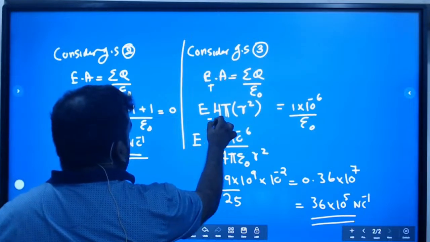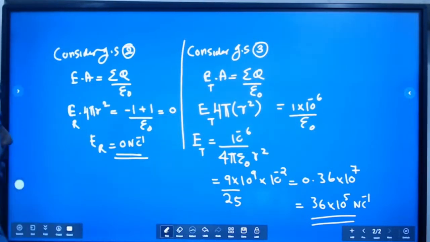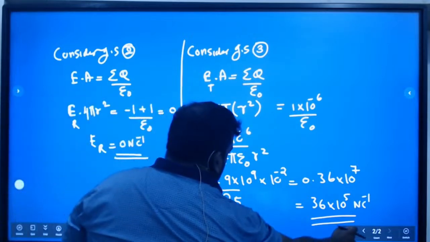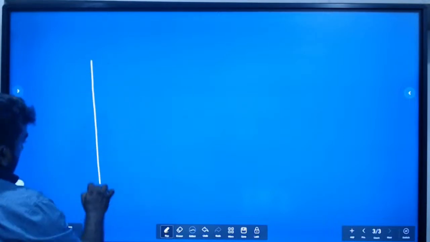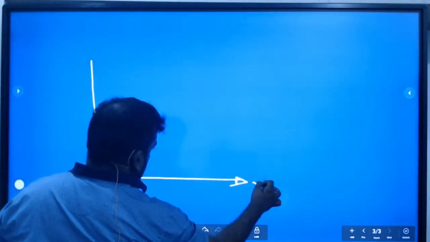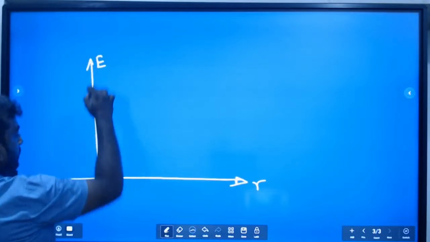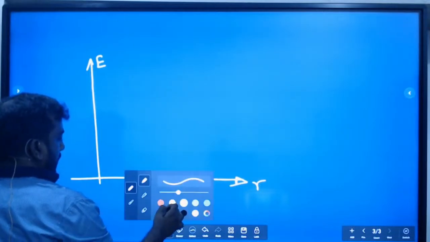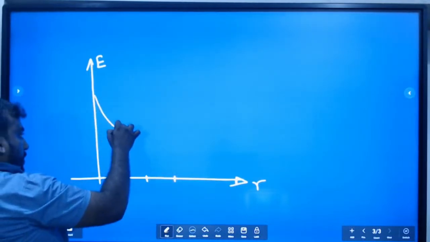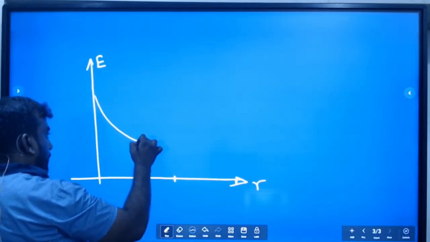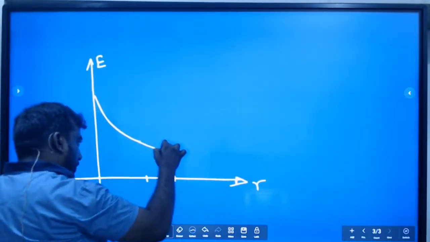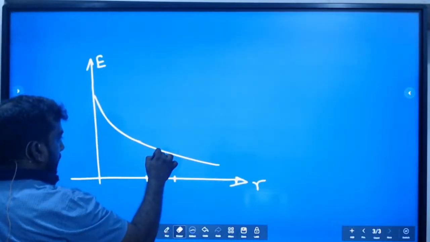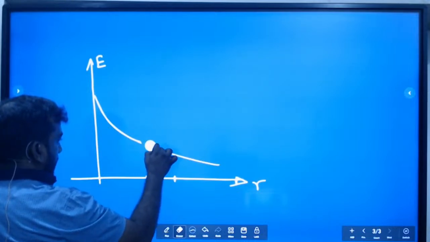Beginning and end, same relationship. So if you plot the graph, 1 over R squared, then this middle part disappears.